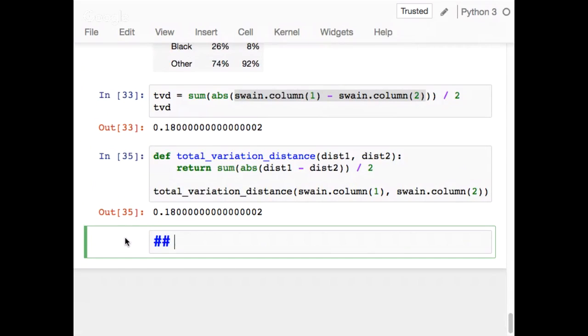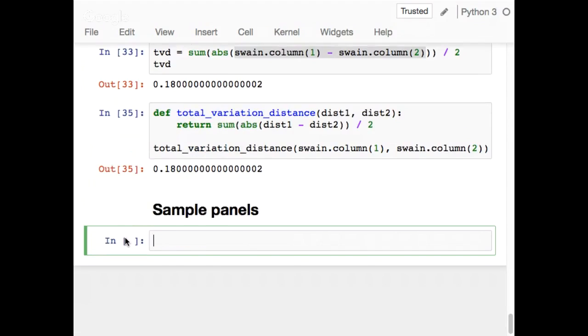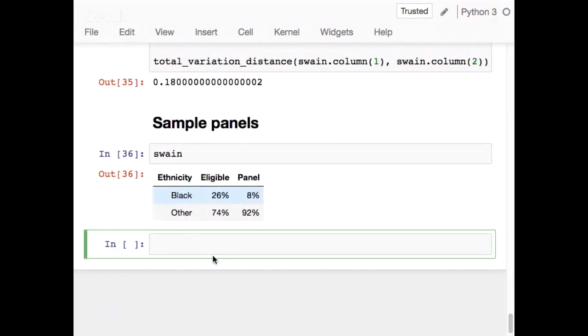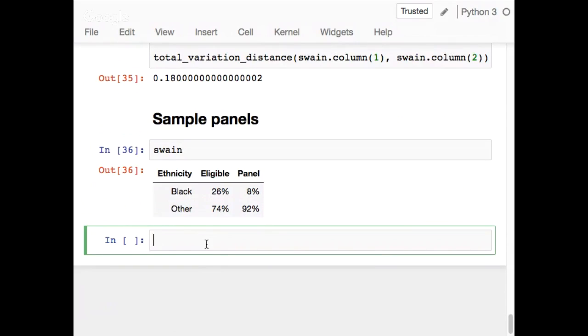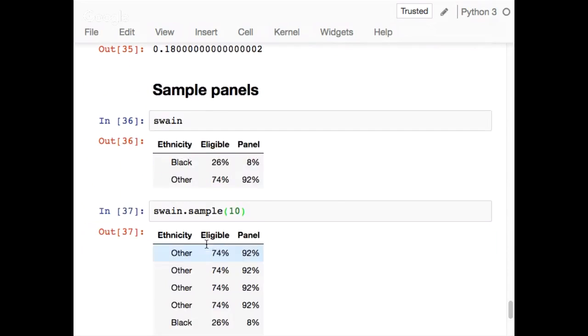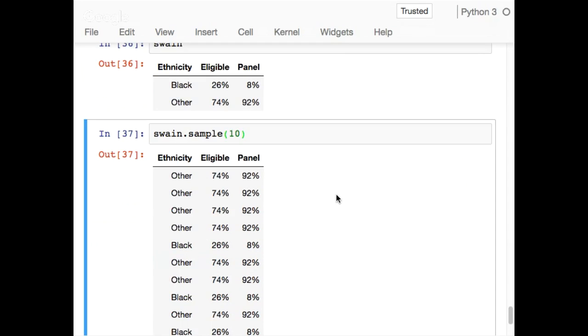So I'm going to sample panels. So I have here Swain panels. My first thought might be, I used a sample method before. Why don't I just try a sample method now? So Swain.sample. And I get this.